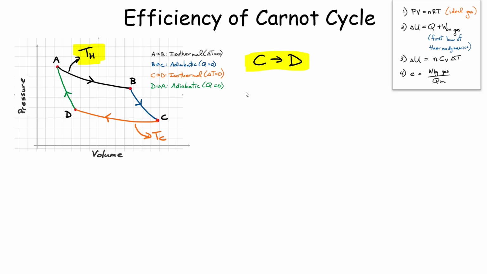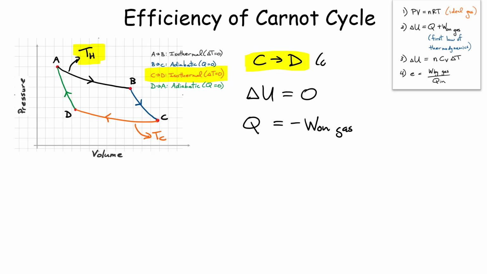Going from C to D now is again an isothermal process. We've defined it right here. Those are easy to do, right? The change in internal energy, if the temperature is constant, has to be equal to 0. Again, my heat then must be equal to minus the work done on the gas. Now let's consider this. It is a compression.